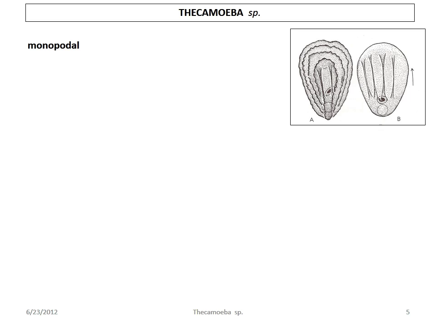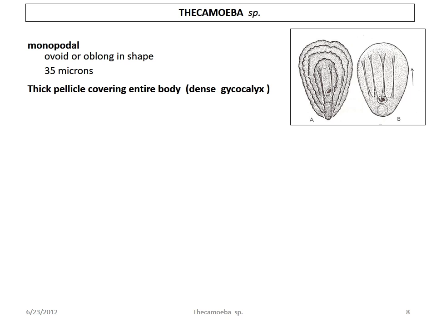They have a single, anteriorly directed pseudopod. They are ovoid or oblong in shape. They can be as long as 350 microns, but are more typically about 35 microns in length. They have a thick pellicle covering the entire body.